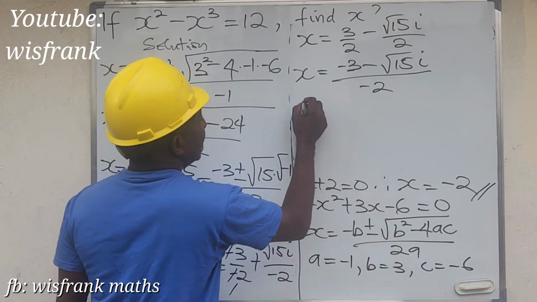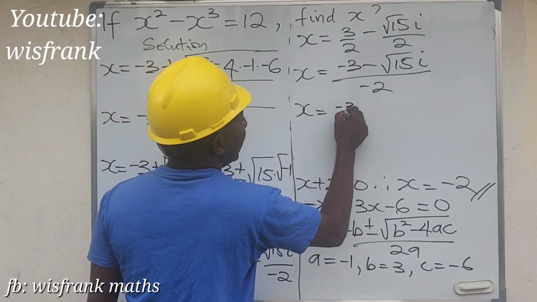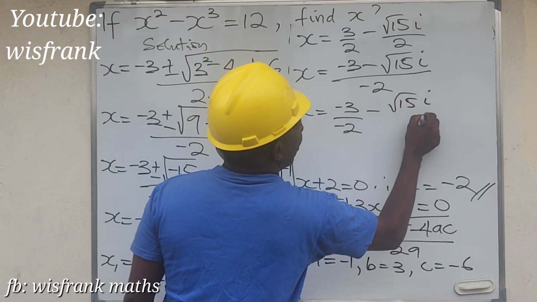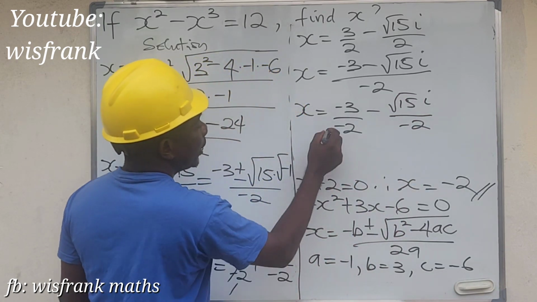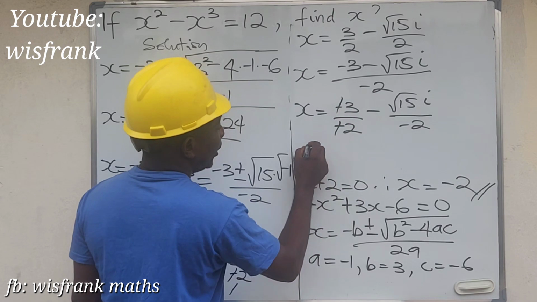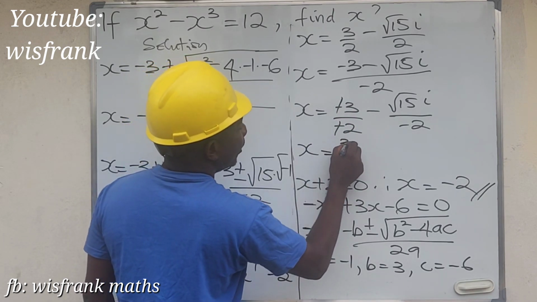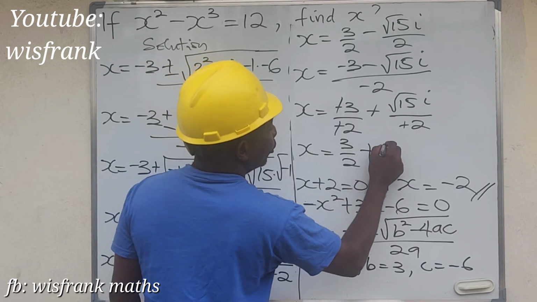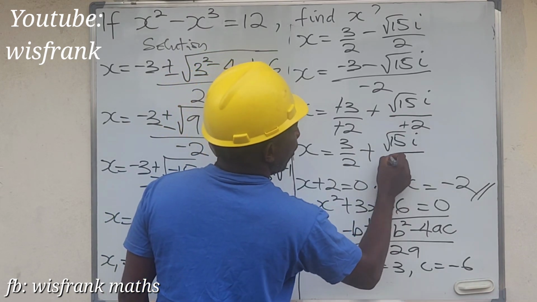So this is the same thing as x equals to minus 3 all over minus 2 minus root 15i all over minus 2. So in this case, minus will cancel here and minus will cancel here. Therefore, x equals to 3 all over 2. Then minus multiplied by minus will become plus root 15i all over 2.